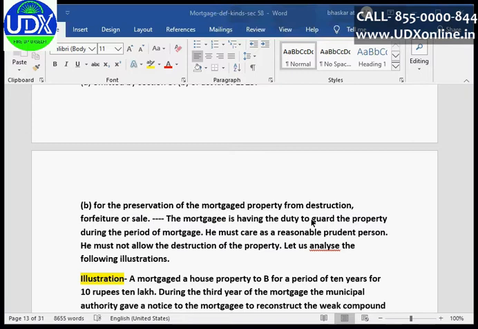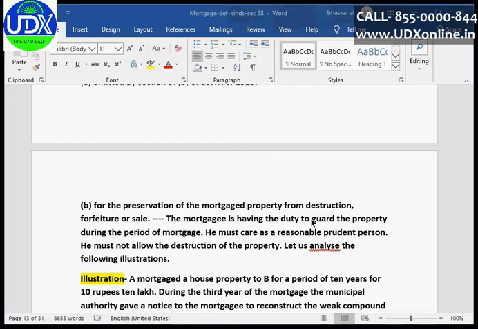And do the necessary work in order to protect their own property. But there are mortgagers who are not having the power of money. They cannot take immediate action to spend the money in the rectification or repair or doing something to the property.